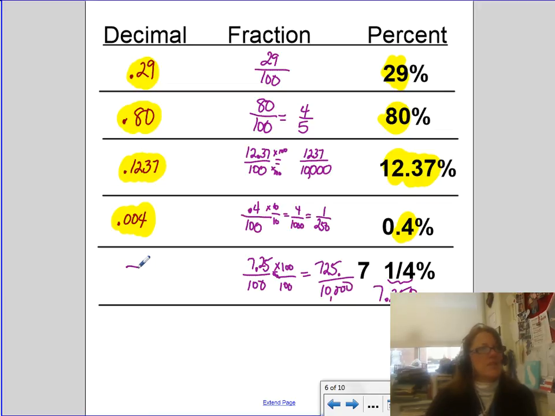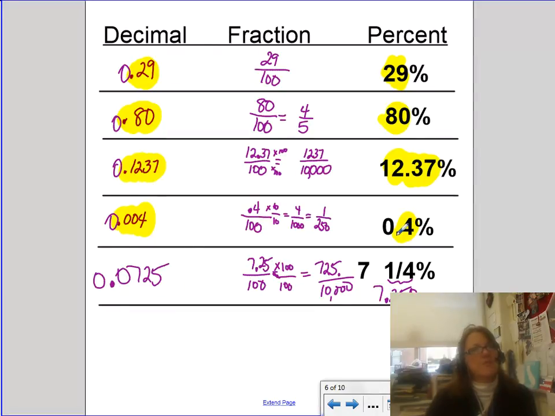So you get 725 10,000ths. So you have 0.0725. I suppose I should have those leading zeros in there. Now, do you notice what's going on? My decimal point was here between the 7 and the 2. Now it's 2 spots to the left.